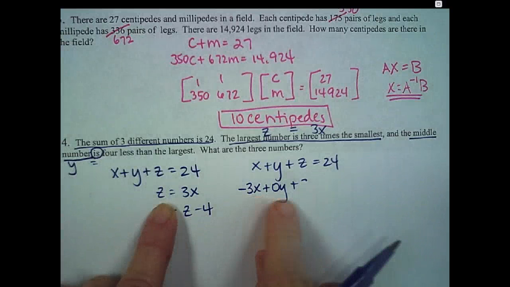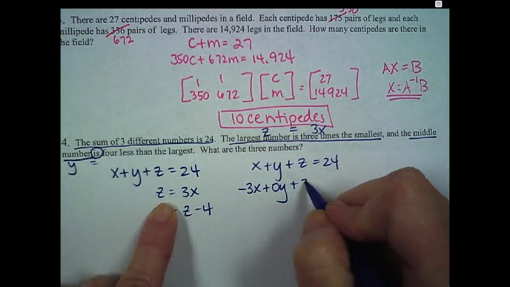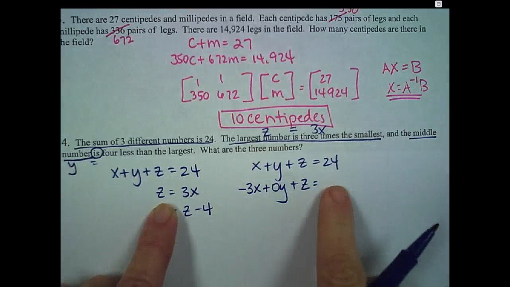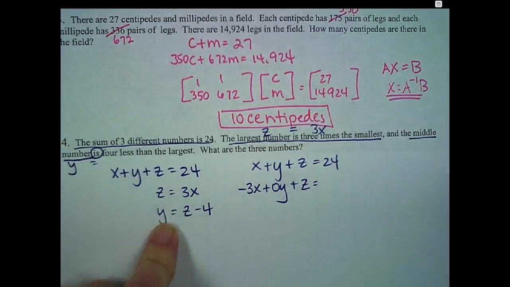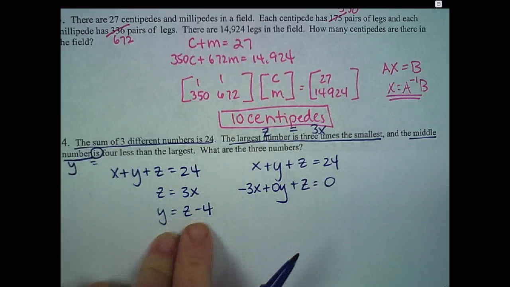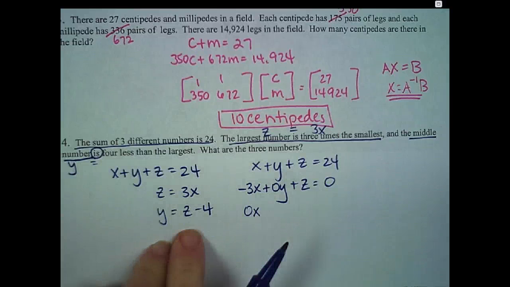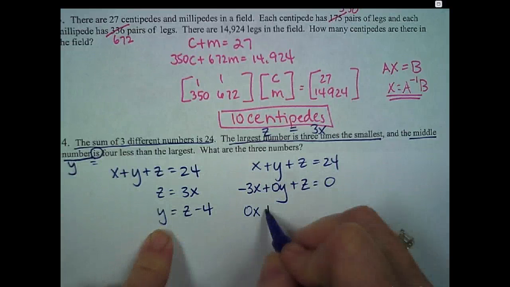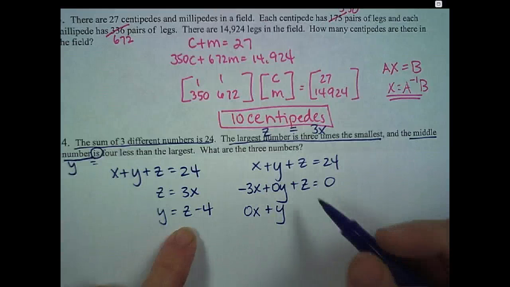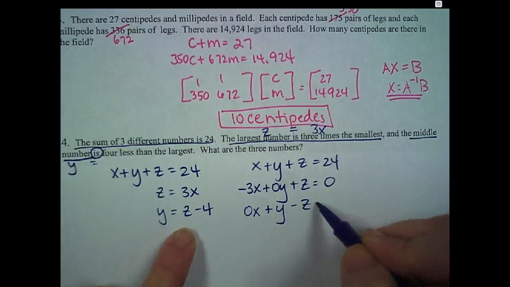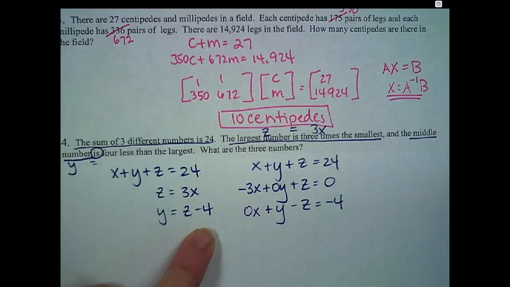Negative 3x plus 0y plus z equals, what does that leave on the right side if I move everything to the left? 0, which is fine. Go to the next one. I don't have an x at all, so 0x, plus y. I have to move the z to the other side, so minus z equals negative 4. Right? And then you're going to be asked for a matrix equation so you can solve it.